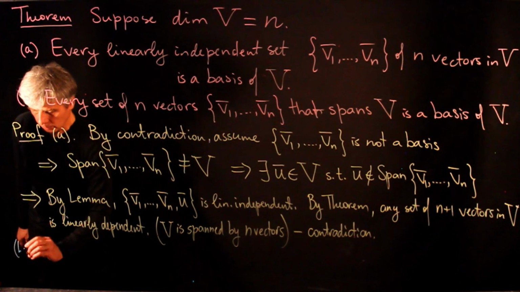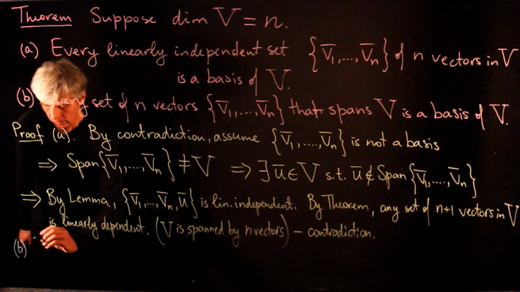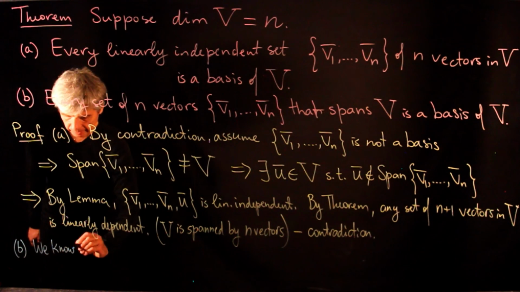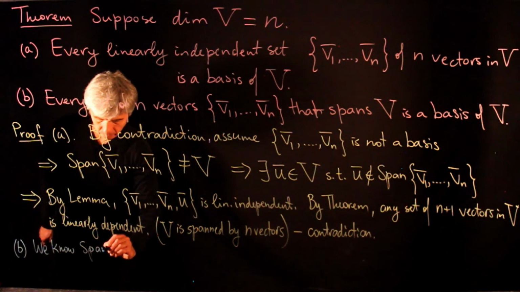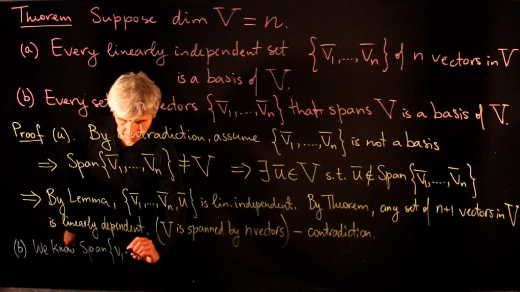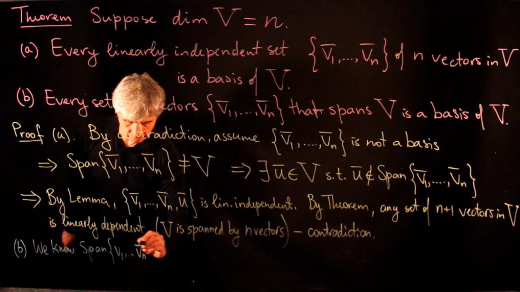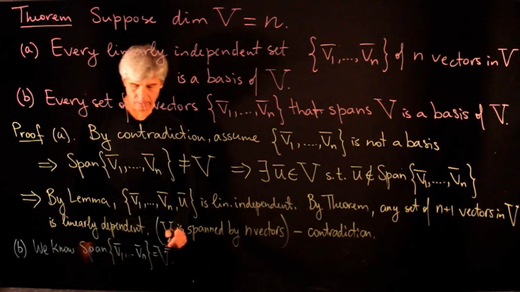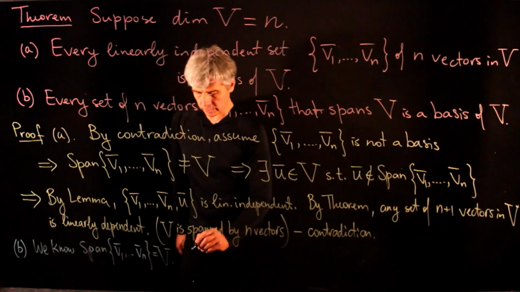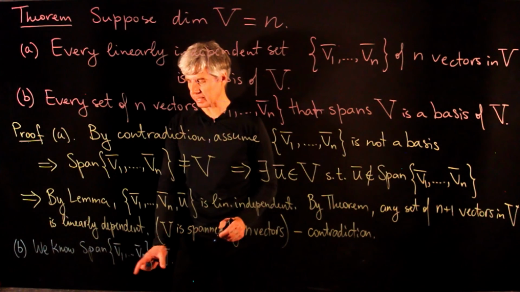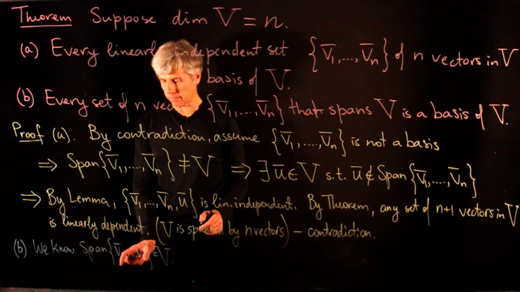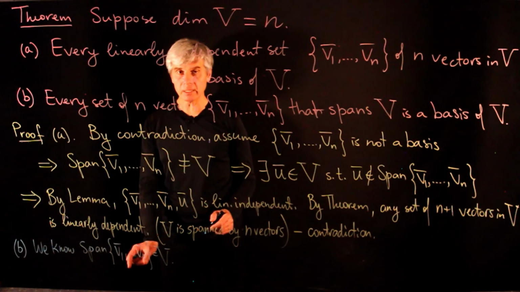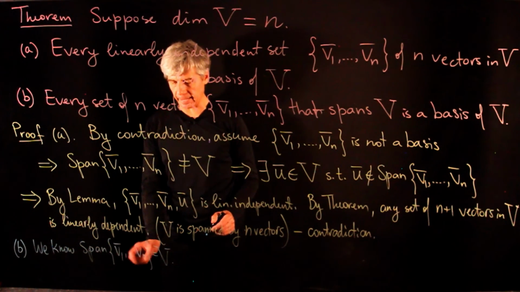Now, let us prove part B. So we are given that the span of V1 through Vn is the whole space V. Right? And then we had a proposition that says that any set contains a linearly independent subset with the same span.